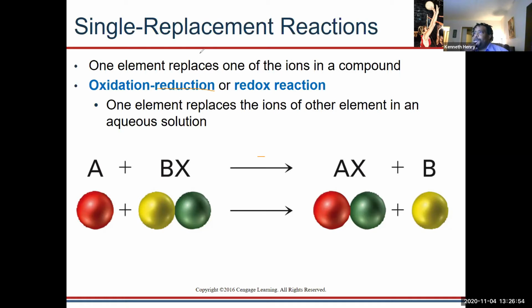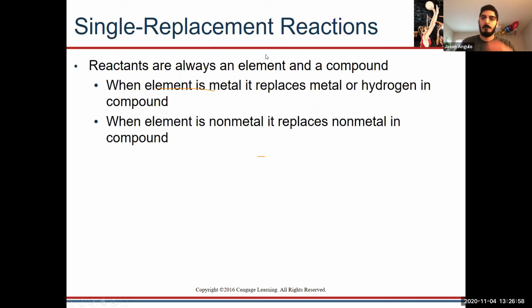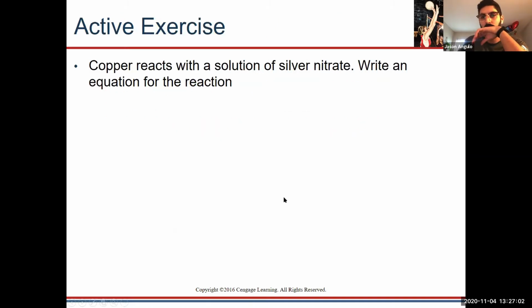You want to see an example? Yeah, let's see some examples. Okay, copper reacts with a solution of silver nitrate. Write an equation for the reaction. Okay, so what are my reactants?